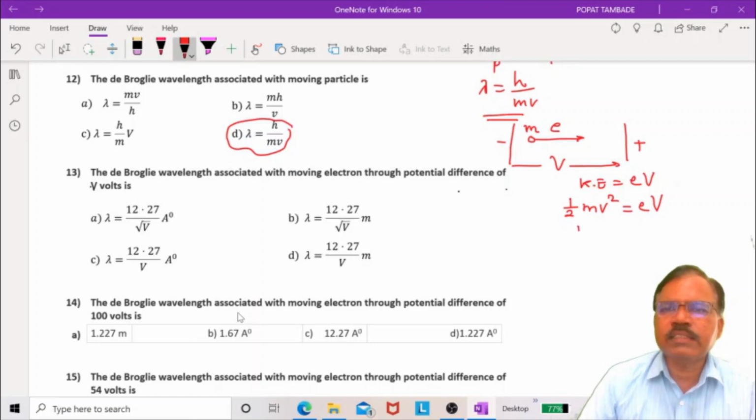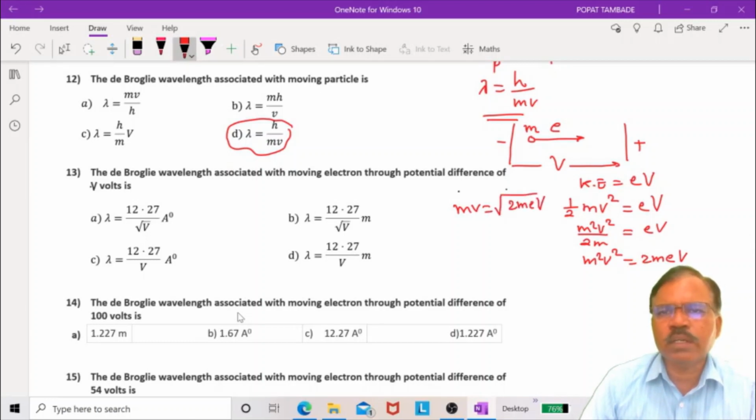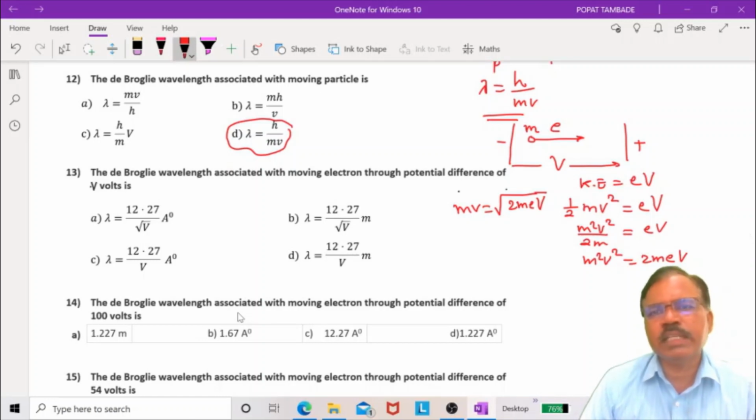Kinetic energy, we know it is 1/2 mv square, v is velocity, equal to e into voltage V. So we can write this as m square v square upon 2m, just divided and multiplied by m. So it is eV. So m square v square is equal to 2m eV. So what is mv? mv is equal to root of 2m e V, that is potential difference.